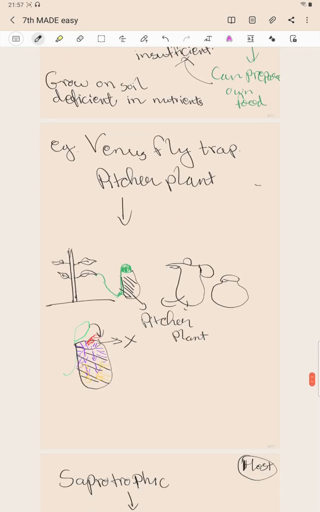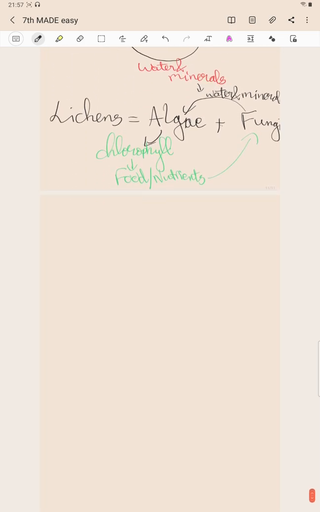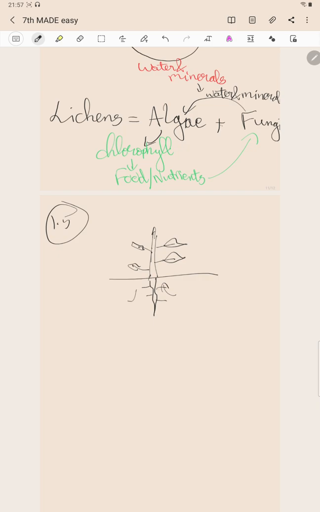Now moving on to the last section, section 1.5, how nutrients are replenished in the soil. If there is a plant and it keeps absorbing nutrients from the soil, which contains abundant nutrients, and the plant keeps growing taller and taller, there should be a mechanism to replenish the soil.